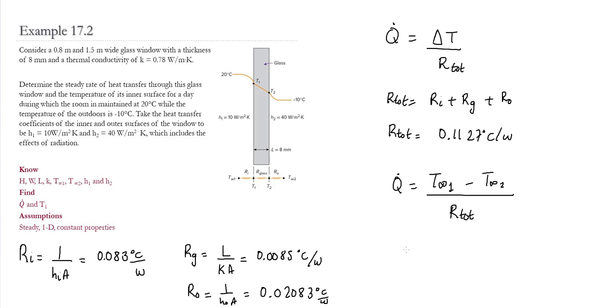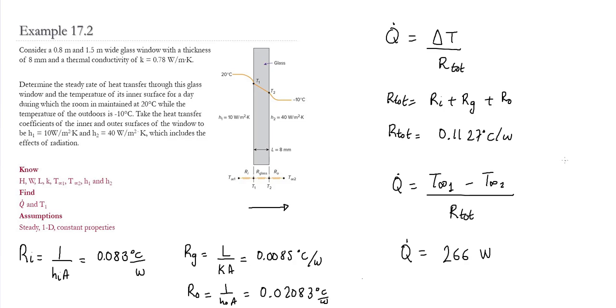We substitute all those values and we find that the rate of heat loss is equal to 266 watts. A couple of things are important for you to see in the result. One, notice that the value of Q dot is positive, and as we expected, the heat is moving from T infinity 1 to T infinity 2, because from the second law of thermodynamics, heat goes from high temperature to low temperature.